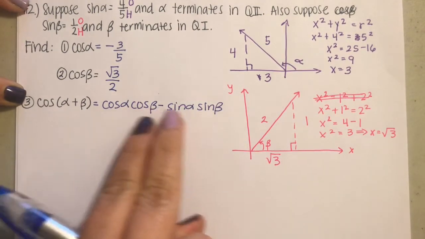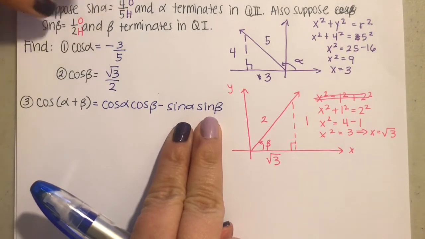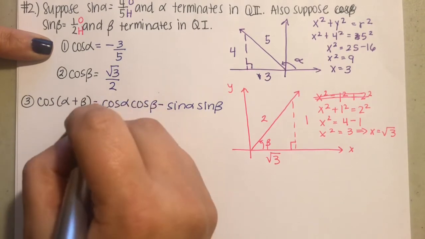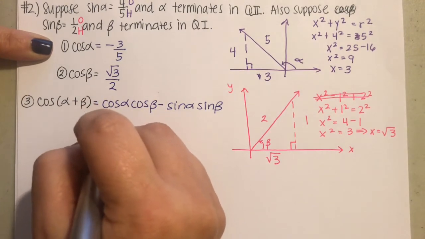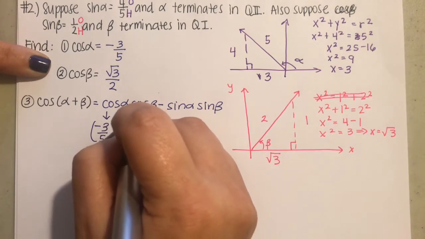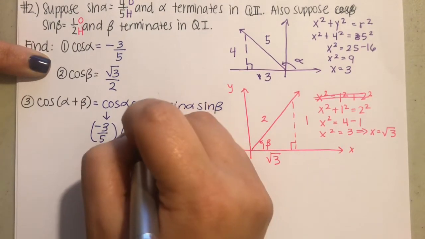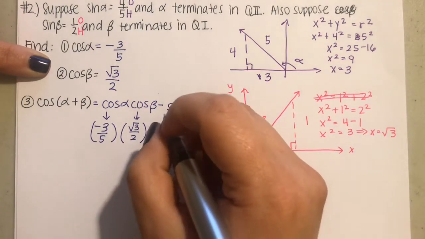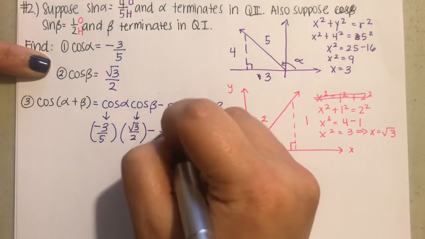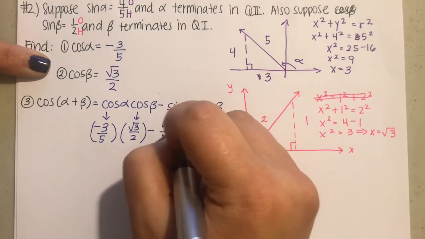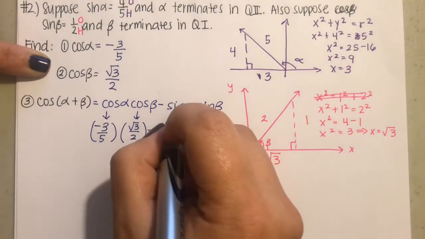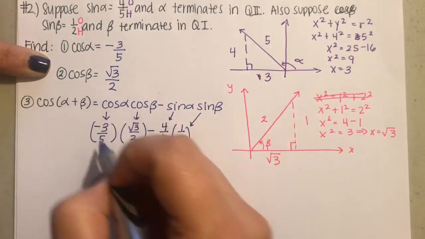All we have to do is plug in either the given values or the ones that we just found. So cosine of alpha is going to be negative 3/5. Cosine of beta is going to be root 3 over 2, minus sine of alpha, which was given, that's 4/5, and sine of beta, which was given, that's 1/2. So again, notice we're just swapping these out. I'm going to draw my arrows here. We're just swapping these out.